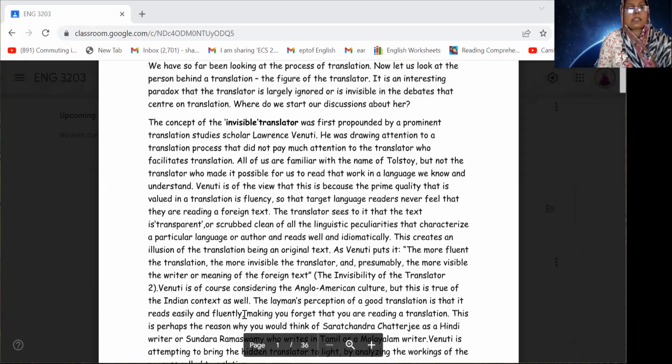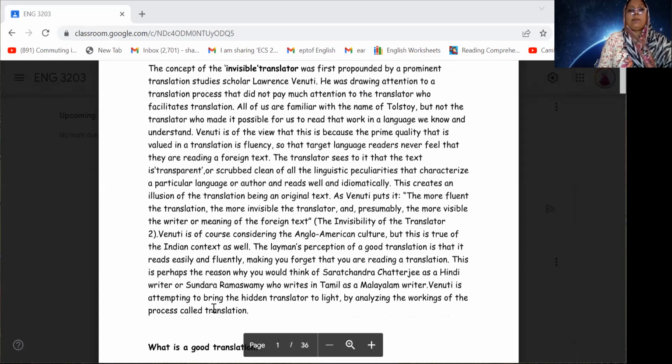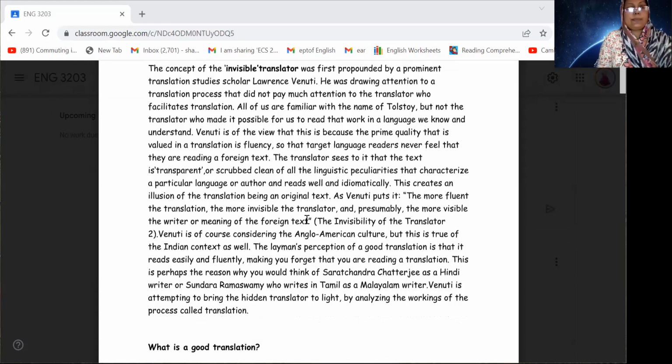Venuti puts it, the more fluent the translation, the more invisible is the translator. The perception of a good translation is that it reads easily and fluently, making the reader forget that what they are reading is a translation.